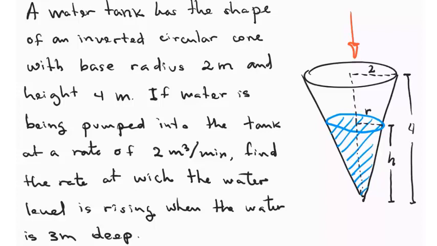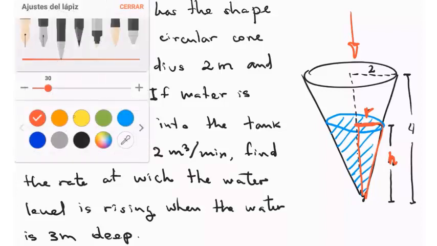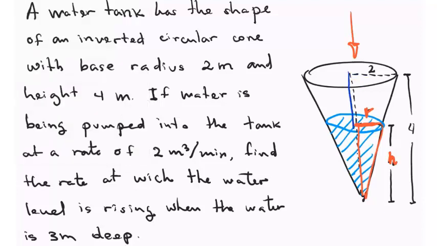For example, we will see this red triangle with base r and height h, and we will see this blue triangle with base 2 and height 4, right?